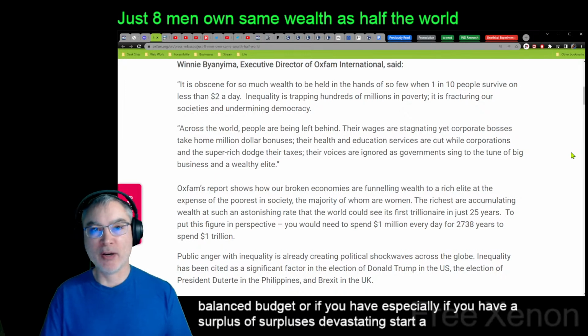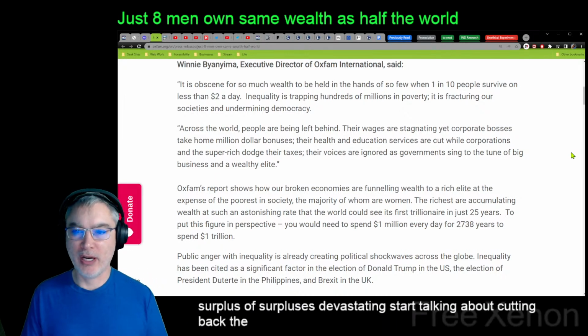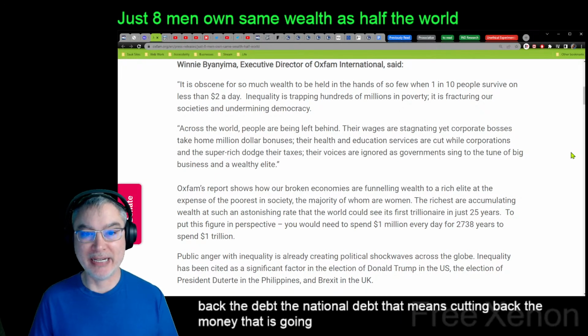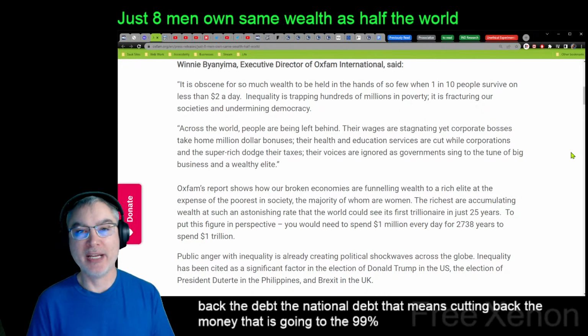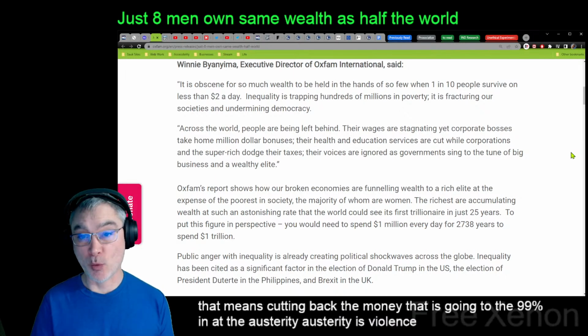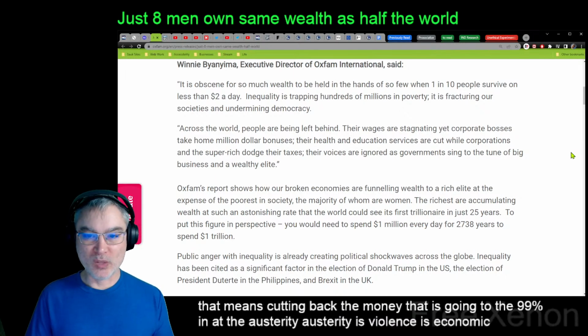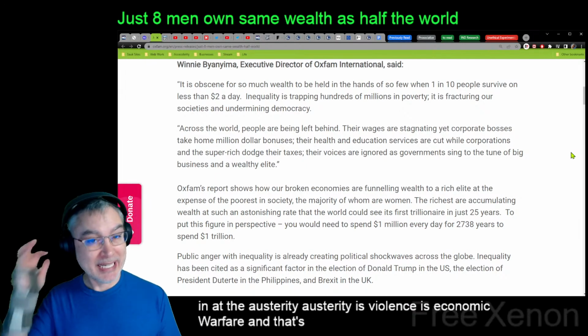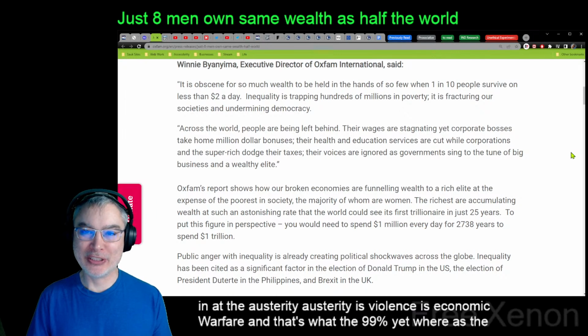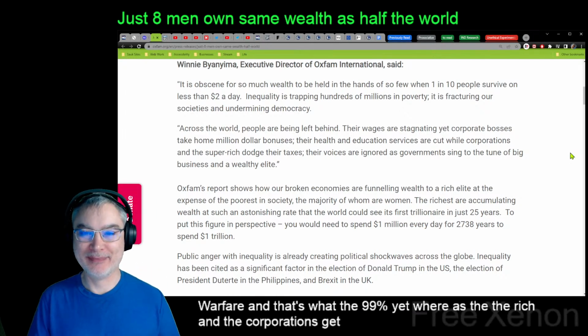If you start talking about cutting back the debt, the national debt, that means cutting back the money that is going to the 99%, and that's austerity. Austerity is violence. Austerity is economic warfare. And that's what the 99% get, whereas the rich and the corporations get socialism.